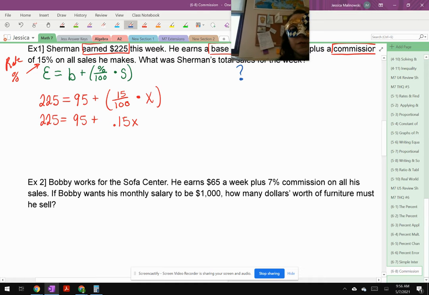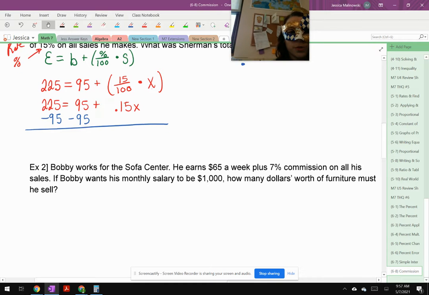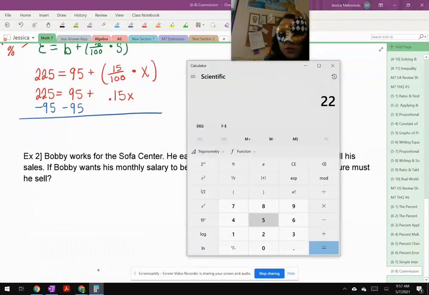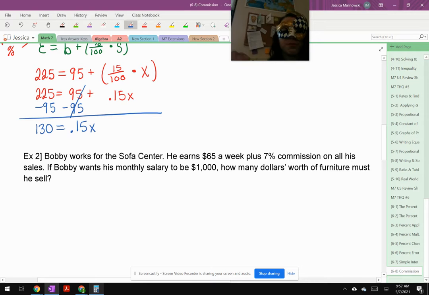Before I can deal with the 0.15x, I need to first get rid of that 95 by subtracting it from both sides. A positive 95, the opposite of that is negative, so you subtract it from both sides. 225 minus 95 is going to give you 130. My 95s canceled, and my 0.15x can carry down.